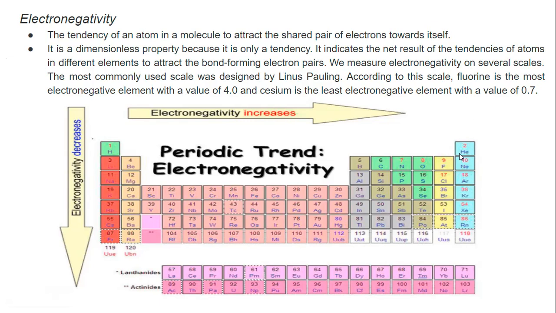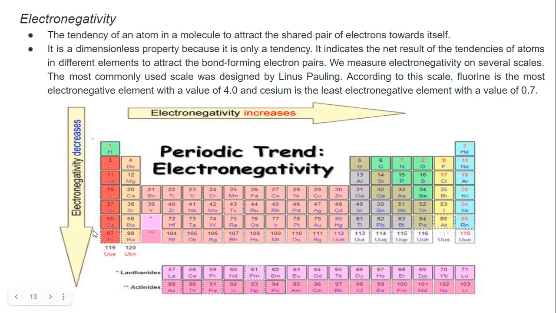Noble gases do not have electronegativity properties because they are non-reactive gases, whereas all the other elements found in the periodic table are stable in themselves, but they have valence electrons and the capacity to form ionic or covalent bonds. So they have their own electronegativity values to attract a shared pair of electrons.